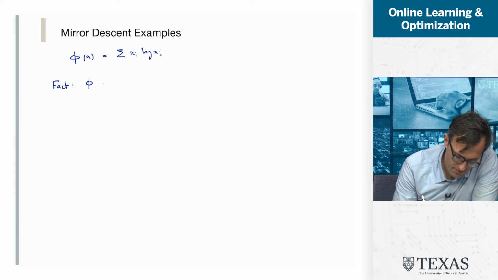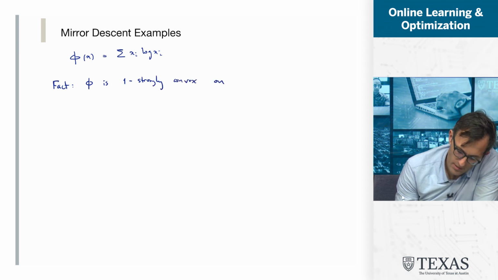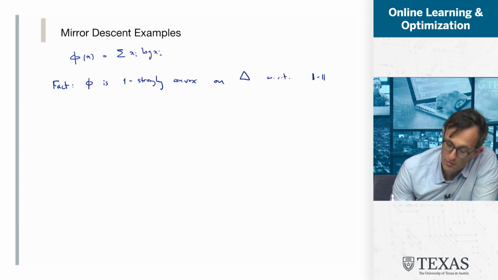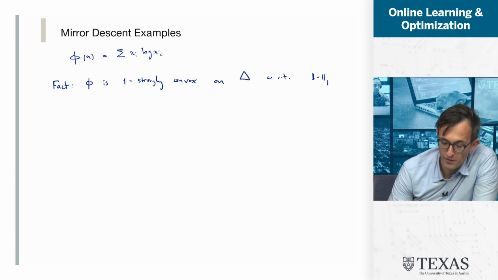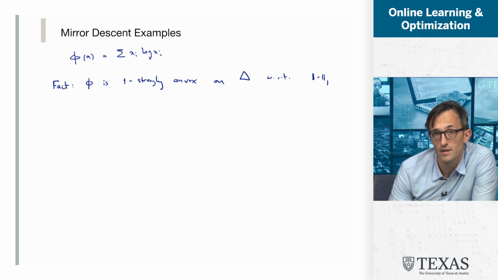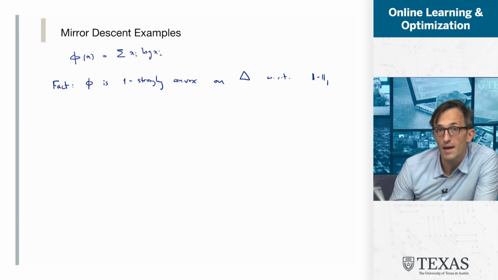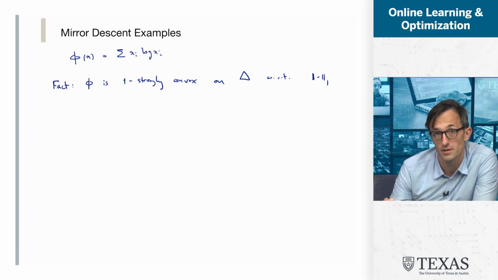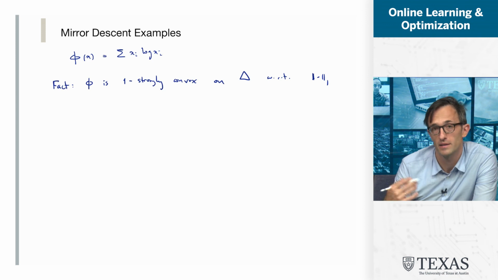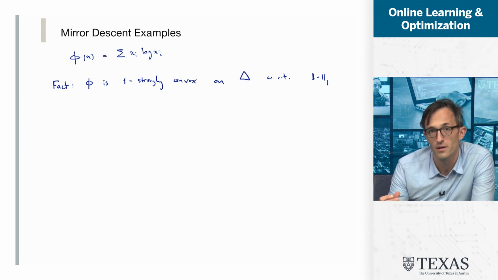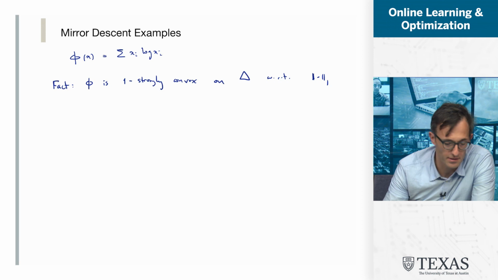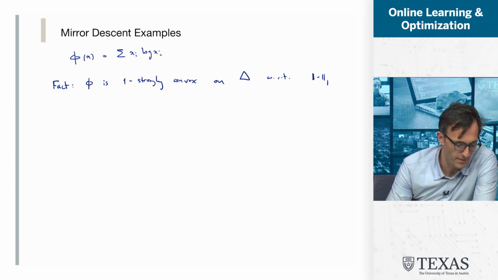Phi is 1-strongly convex on the simplex with respect to the one norm. Remember that phi has to be rho-strongly convex with respect to the same norm that we use to measure the Lipschitzness of f. That's critical, and if you look back at the proof, you'll see that we required those norms to be compatible in this very specific way.